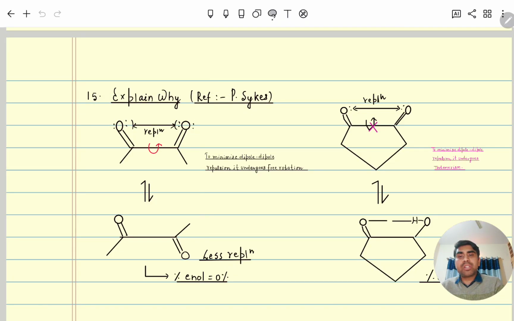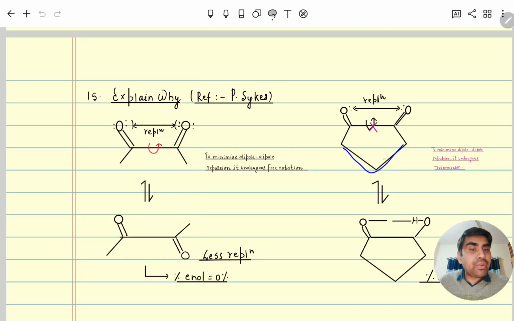To minimize this repulsion, through conformers it will rotate. So now it is in anti, and even though now it will do its enol tautomerism, here the OH will come, this OH cannot do hydrogen bonding with this, so chelation cannot happen. So hence it is not a more stable enol when it is not cyclic.